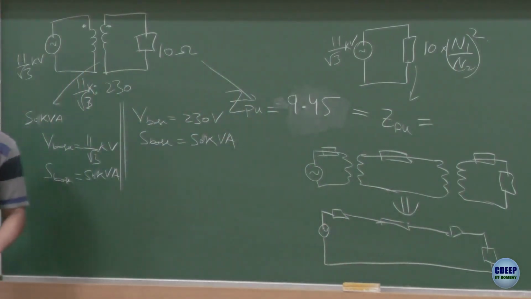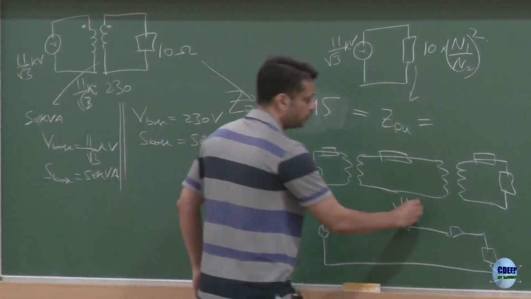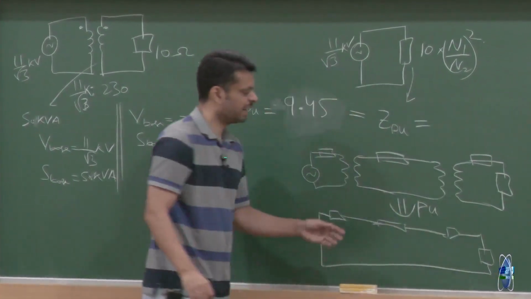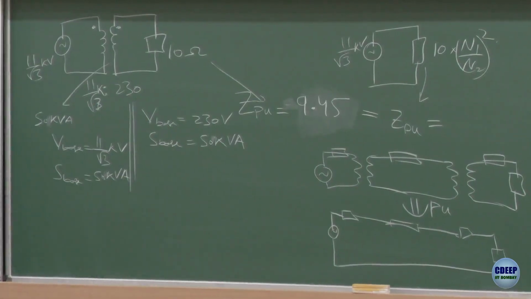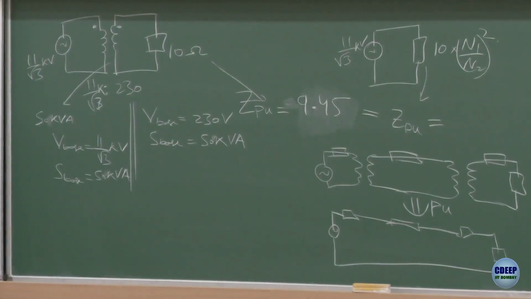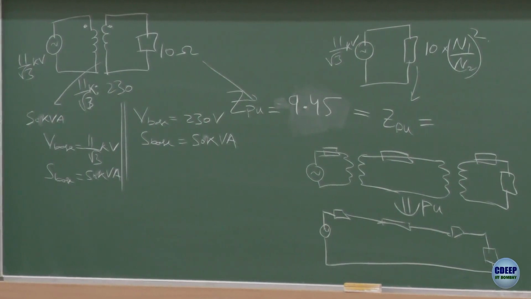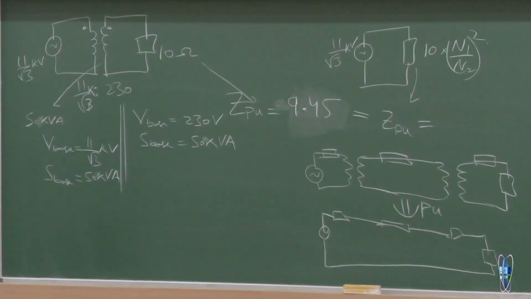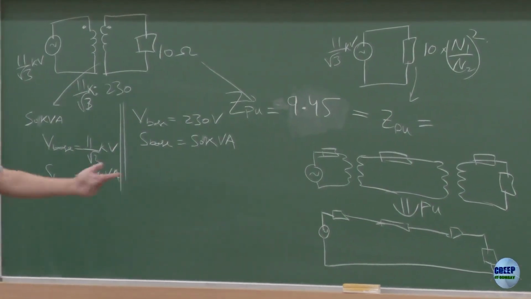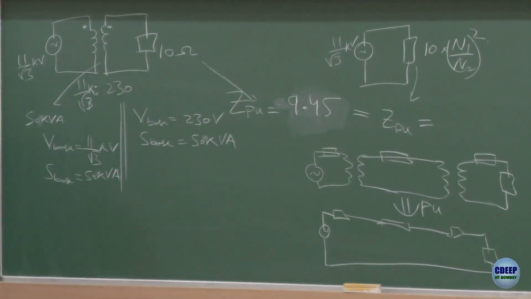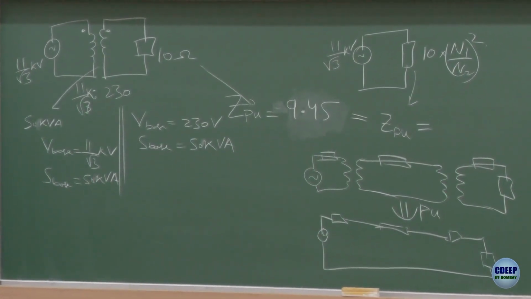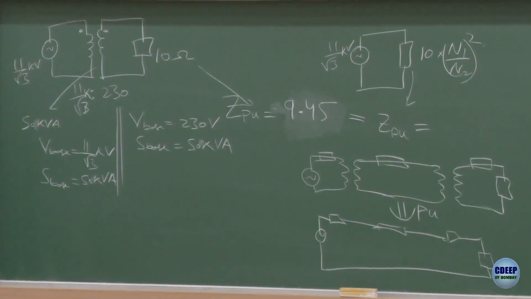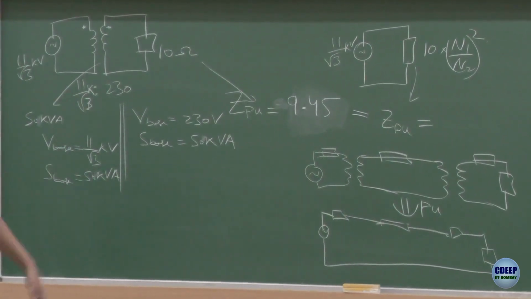You get a circuit without any transformer and all the impedance values in PU remain the same, because we have seen that if you transfer an impedance from one side to another side, the PU value does not change. That is another advantage of the per unit system. If you have a complicated system of different voltage levels, you can simplify it and solve for it very quickly.